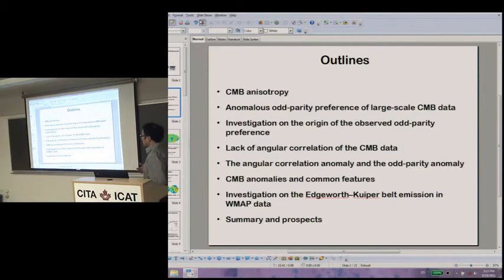And then I'm going to list the various CMB anomalies and group some of them by common features. Recently, hyperbolic emission was suggested for the underlying origin of various CMB anomalies, and I'm going to present our investigation on this hyperbolic emission using the frequency spectrum signature. And then I'm going to summarize my investigation and end with the optimistic prospects.